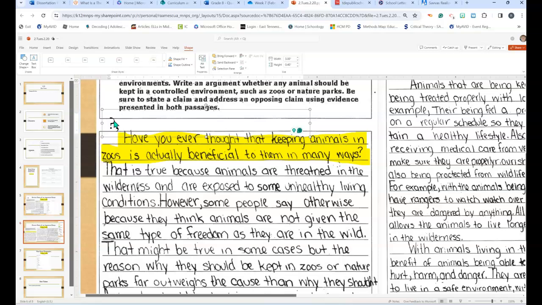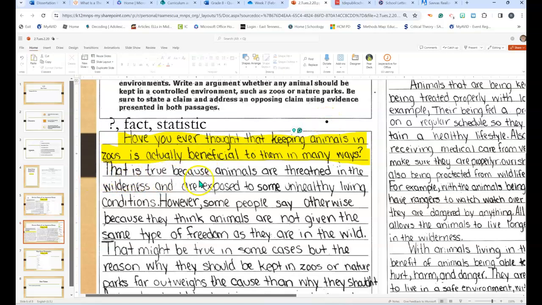It can be a fact, or it can be a statistic. So the hook is how you're going to start it out. You've got to have a hook.